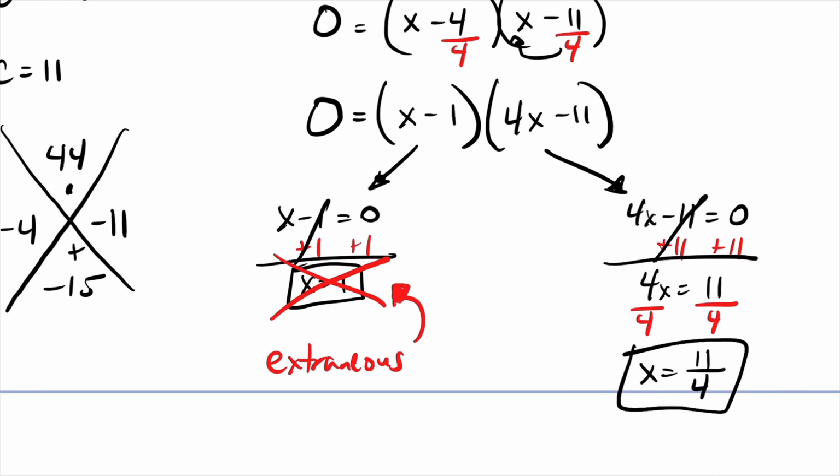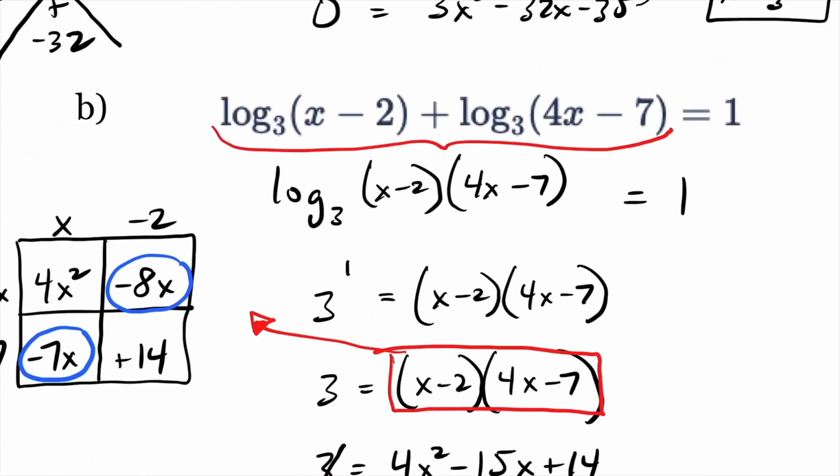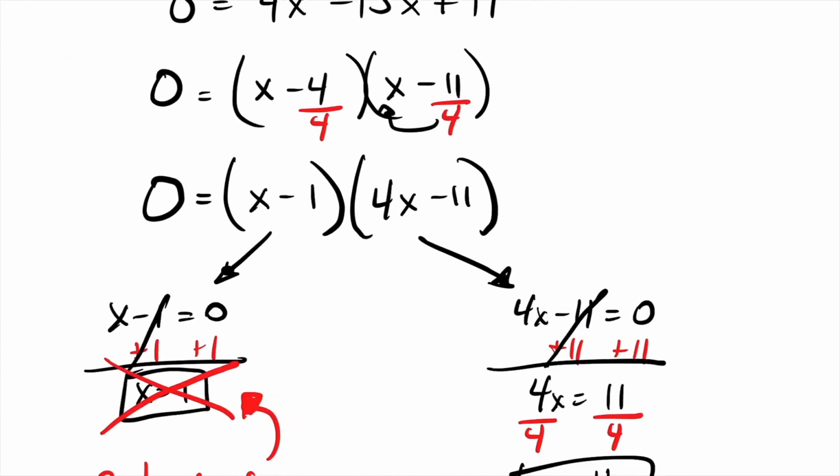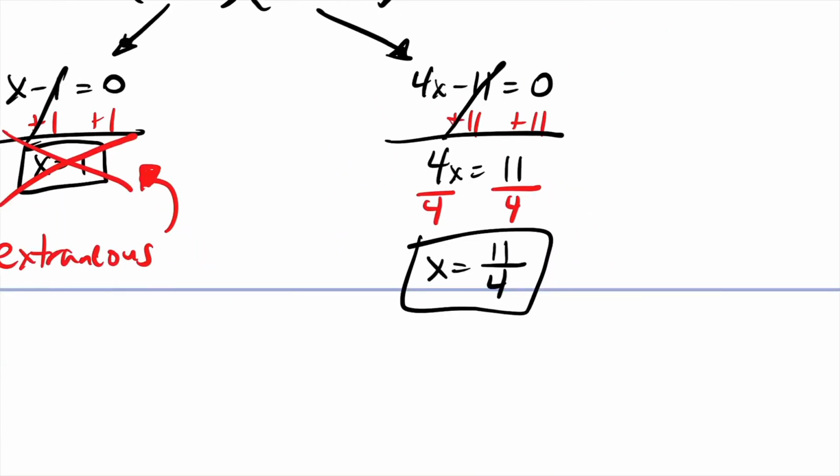Okay. 11 over 4 is 2.75-ish. So if I plug in 2.75 for x here, 2.75 minus 2 is positive, 0.75. And if I plug it in here, you'll get 11 when you multiply, minus 7, still positive. So the fraction is our only answer.